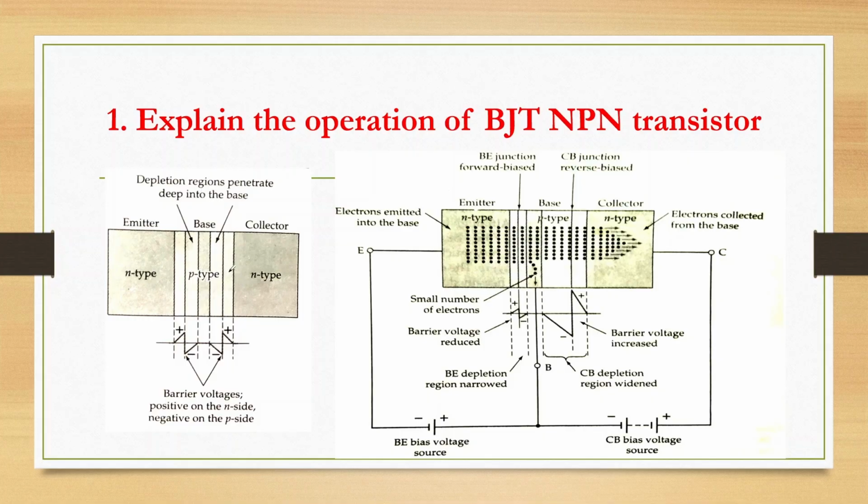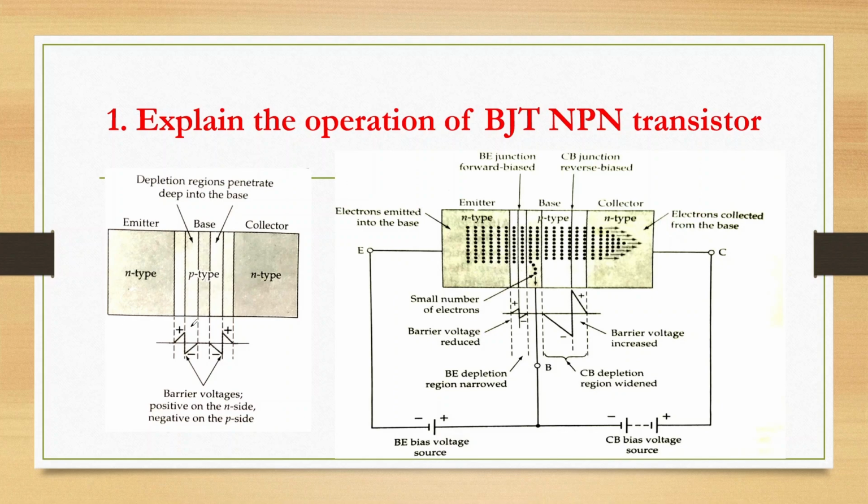Since the collector is slightly less doped than the emitter, the depletion layer width at the collector junction is more than at the emitter junction.